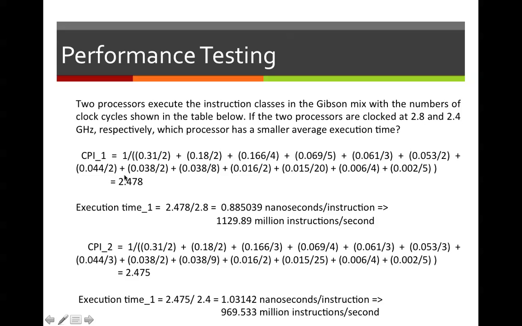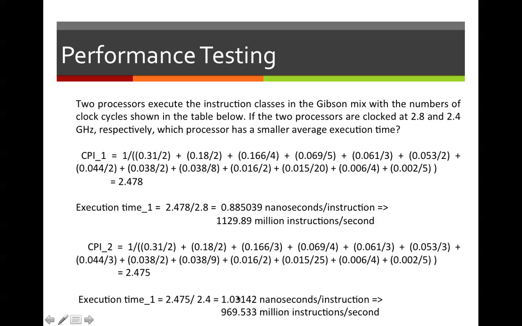Now they're very close together, 2.478, 2.475. Now this is a slower machine. It only works with a 2.4 gigahertz clock. As a result of which, because their number of clock cycles per instruction are about the same, but one is relatively faster than the other, which this is faster than this.